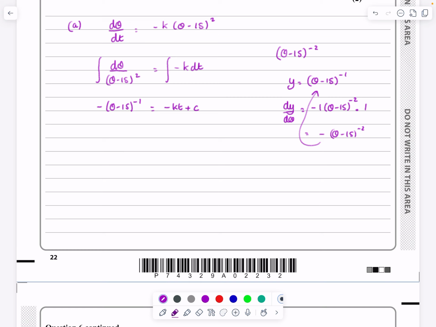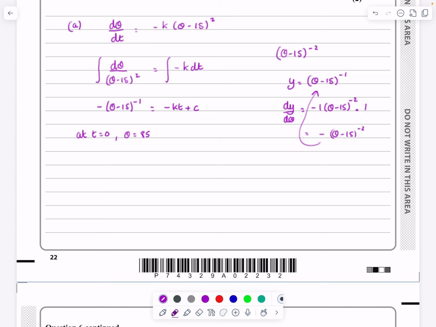And then we knew we were going to get that. Remember when I started off, I said the first piece of information, which was t equals 0, theta is equal to 85. Well, if I put that information in, the k will disappear, so I'll only have c as my constant here.